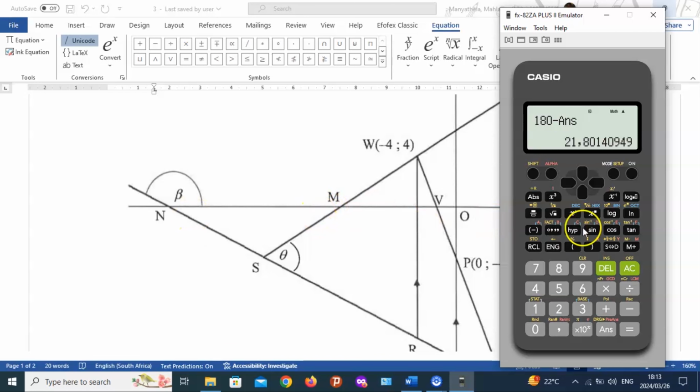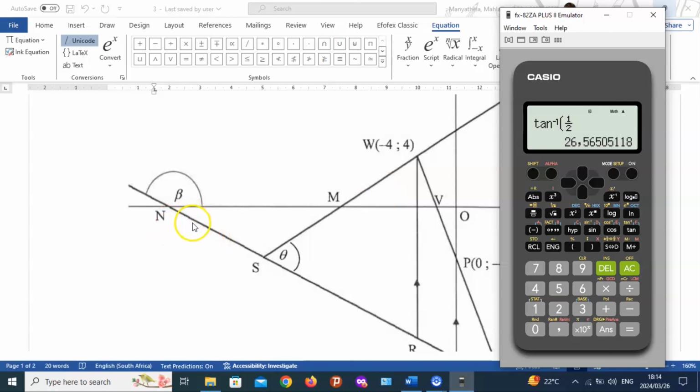Let's find this angle. Remember that the gradient of this line is 1 over 2, which gives me 26.565, which, if I round off to 2 decimal places, will be 26.57. Now, what is theta? Theta is an exterior angle of triangle NSM.